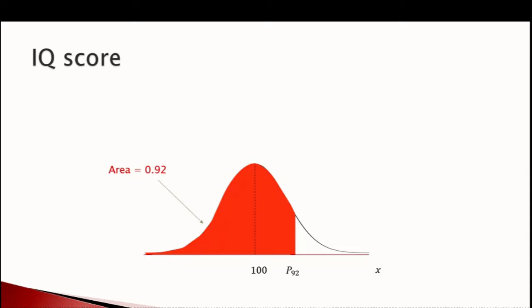This area, as I discussed to you, is 0.92. So this is exactly the reverse problem from what we saw. Now you have the area. What are you interested in finding? Yes, you're right. Now we're interested in finding the z-score.